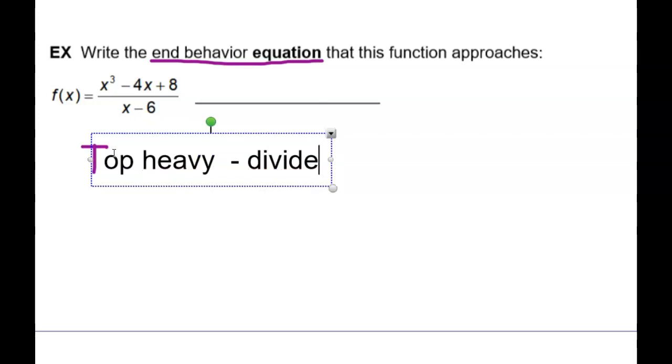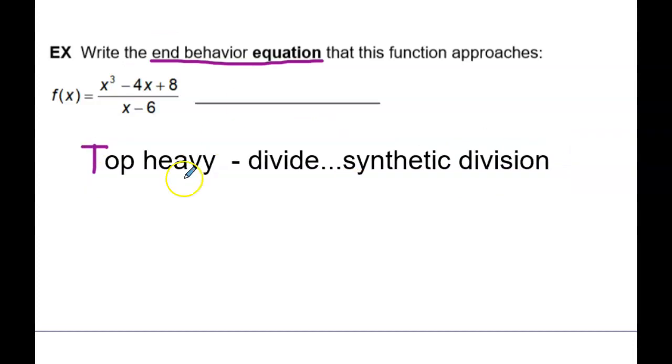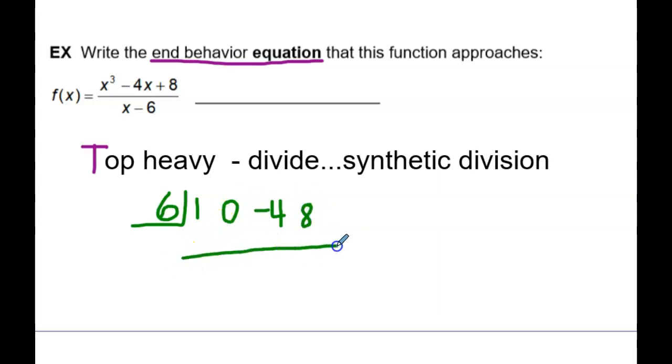Can we do synthetic here? Yes, right? Okay, so if we do synthetic division, what goes in the box? But I think we have to put a 0 across, don't we? We have 1x cubed, 0x squared, a negative 4x, and an 8. All right, if we bring this down, multiply, add, does anybody else get 36?